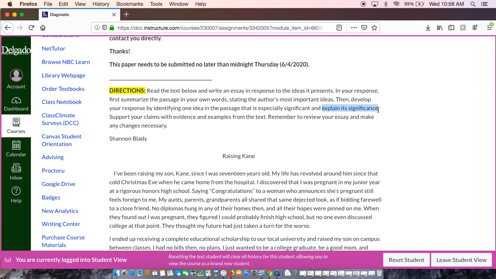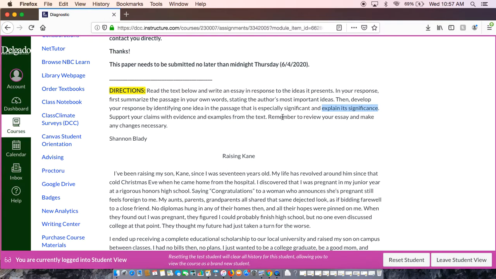Here you're going to really answer the question, why? Why did you select that idea as the chief idea, as the key idea? In explaining its significance, we really mean support your choice. And that would mean that you would provide evidence and examples from what you read. Again, using your own words as much as possible.